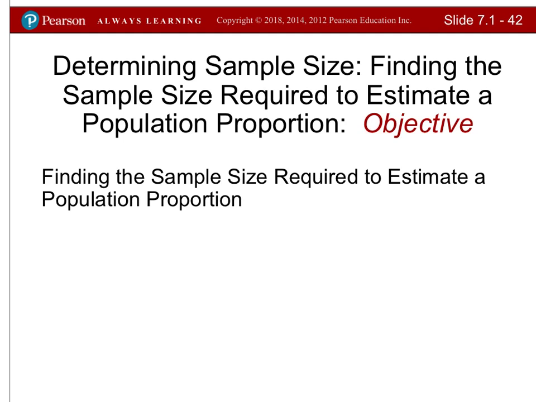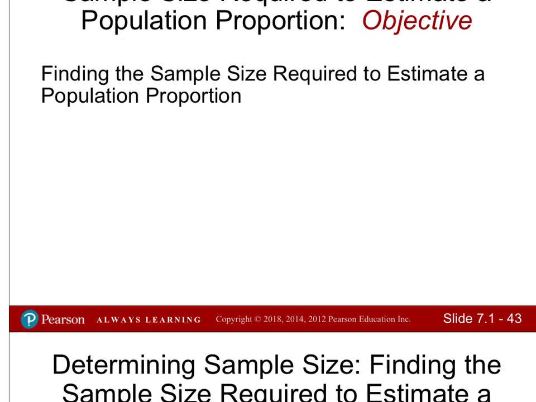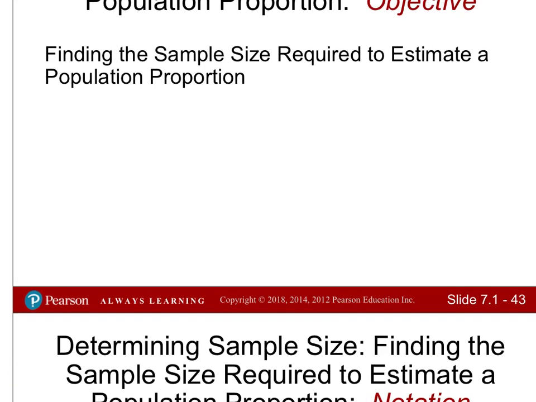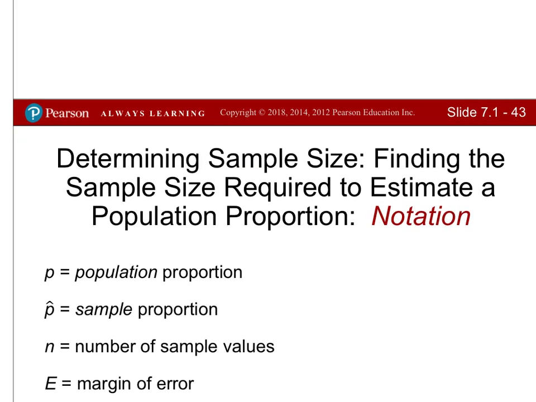Well, if you want a smaller error, then you need to survey more people, okay? Smaller error requires surveying more people. So the question is, how many people do I need to survey? All right? So that's what we're doing: finding the sample size required to estimate a population proportion.